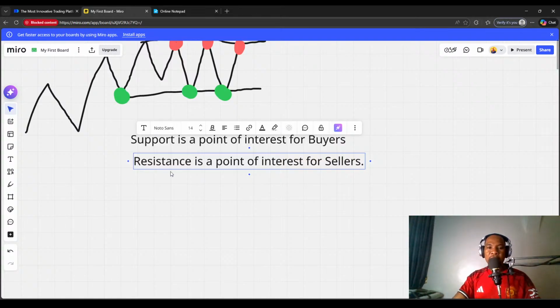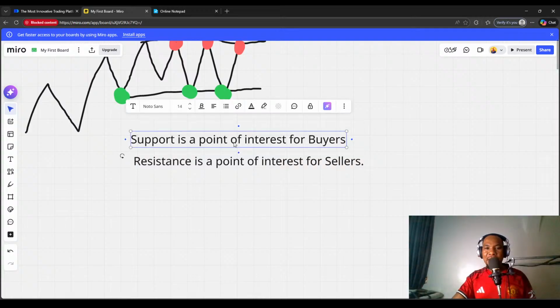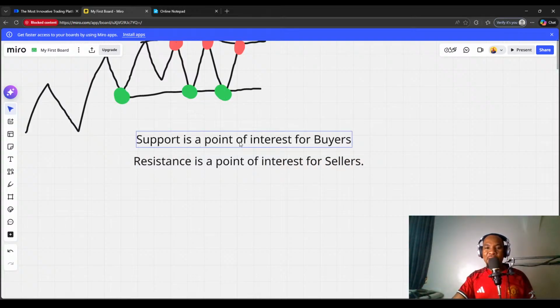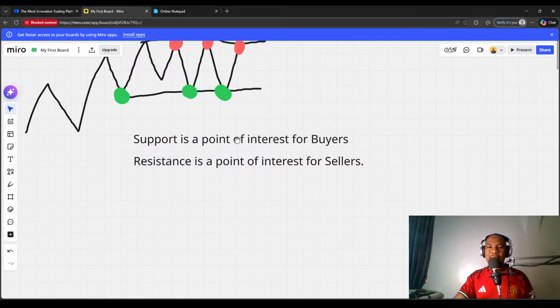All you need is how to identify support and identify resistance. That's all you need to know to learn how to trade. If you are watching this video later, you are going to thank me for showing you this secret. There are traders that I know that the only thing they trade is support and resistance.